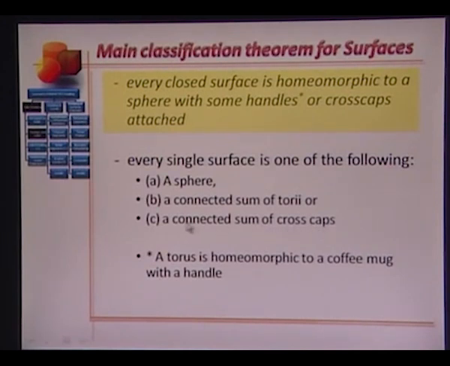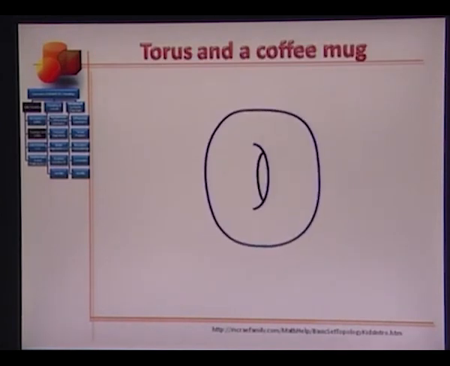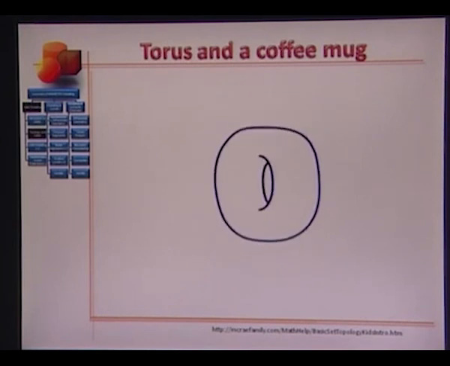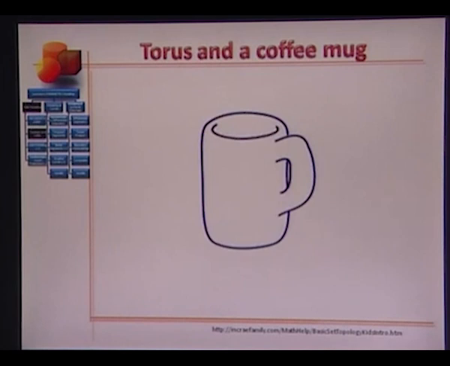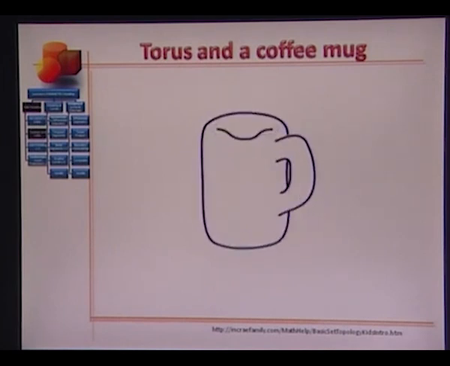So we'll let go of this point C here. So for us, every single surface is either a sphere or a connected sum of tori. Now what do I mean by a handle? This animation demonstrates it. A torus is getting transformed into a coffee mug. The term handle comes from here.